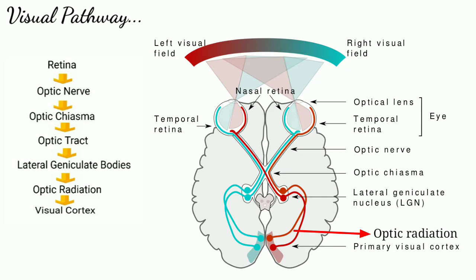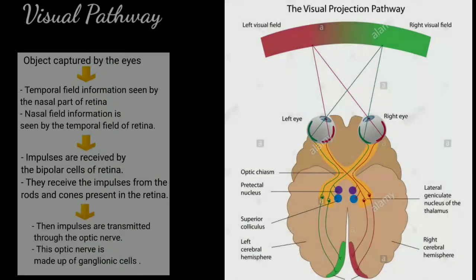So first one is retina, second is optic nerve, third is optic chiasma, fourth is optic tract, fifth is lateral geniculate body, sixth is optic radiation, and seventh is the visual cortex. So these were the basic terms needed to understand the visual pathway.